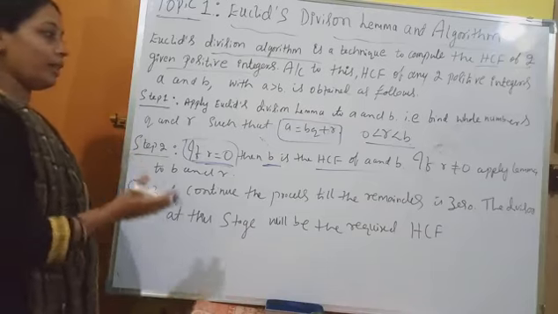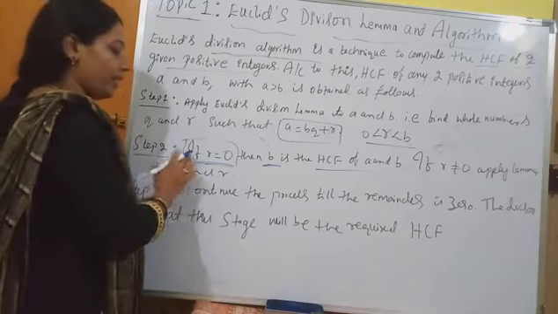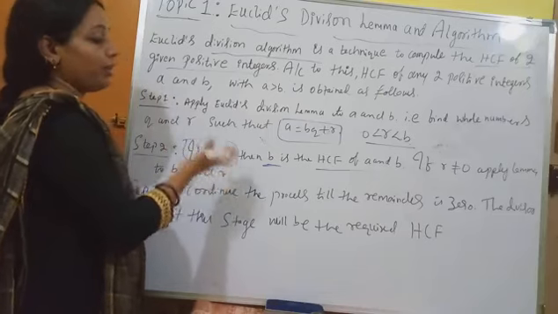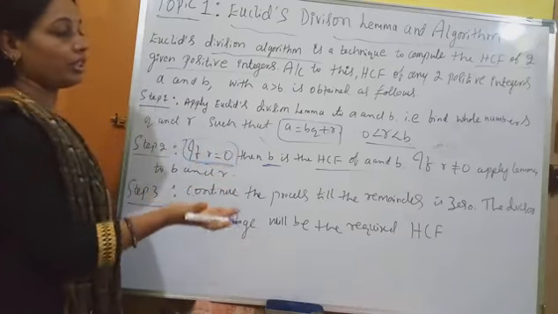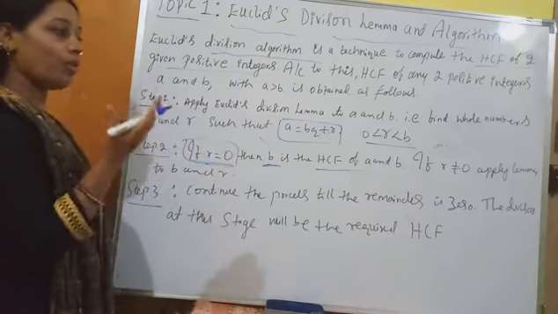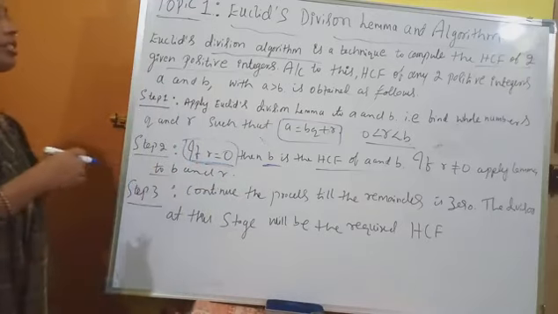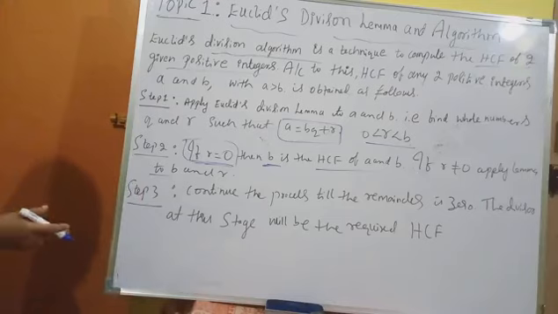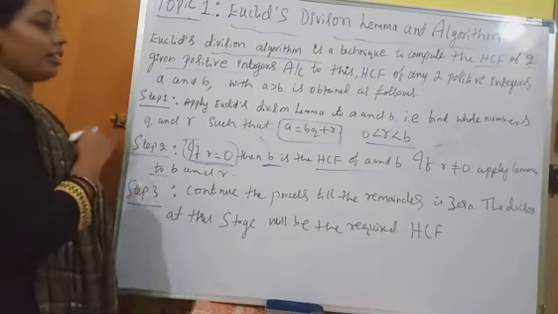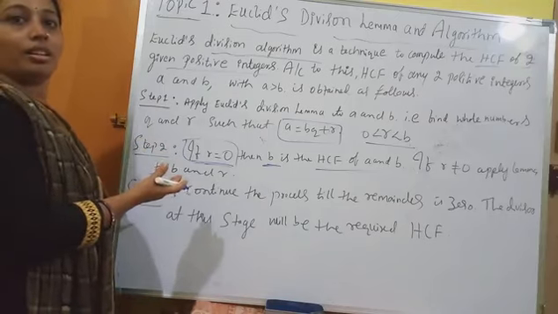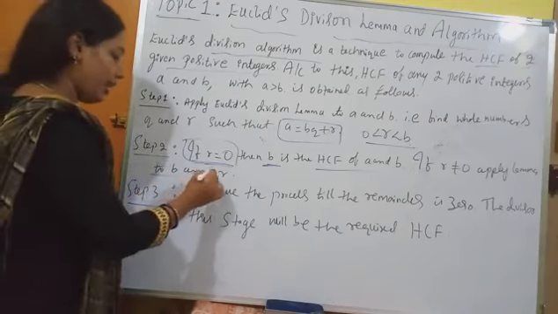Second, while applying the division lemma, if we get the remainder r equal to 0, then b is the HCF of the given two numbers. If r does not equal 0, then we have to continue Euclid's division lemma till we get the answer.